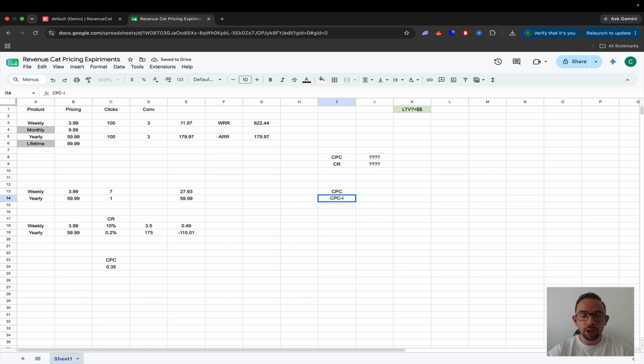And then you have cost per click paywall. So there's a drop off in the funnel, right? The cost per click might be 10 cents, but for them to actually install it, it might be 12 cents. And for them to hit the paywall, it's usually 20 cents because you have a drop off during the onboarding. So in this case, we need to work here not with the raw cost per click. We need to work with the 20 cents, right? And you can see weekly is the winner.